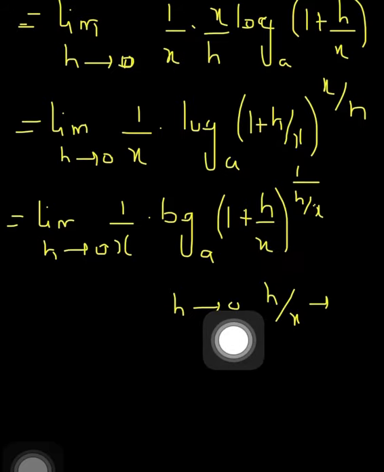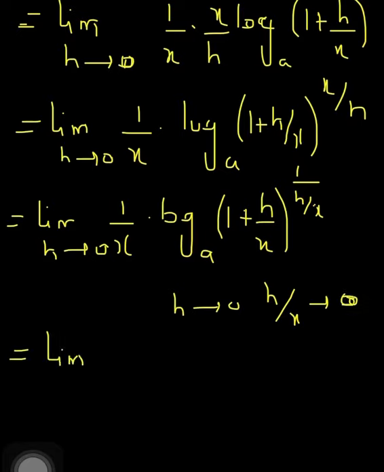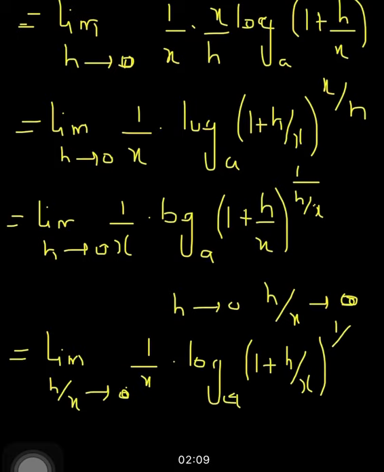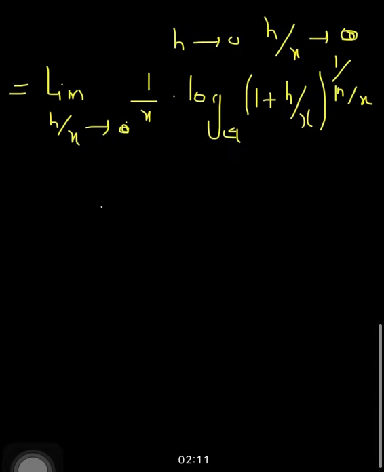If h approaches 0, then h over x also approaches 0. That means the limit as h over x approaches 0, 1 over x log base a of 1 plus h over x to the power 1 over h over x. So here is a result in calculus.